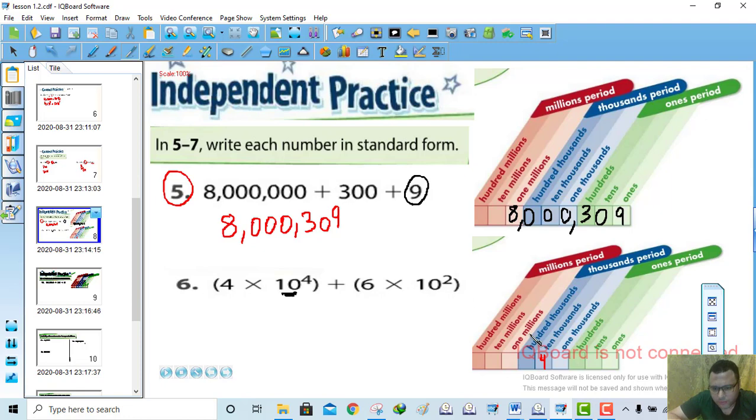So this is hundreds place, so I will just write 6 in the hundreds place. Here we have nothing, so 0, 0, 0. Let's read the number, put the comma. It's 40,600. 40 thousands and 600.